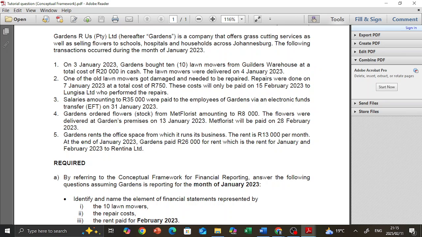So on the 3rd of January, when the cash was paid, for that day, Gilder's Warehouse had a liability to Gardens, an obligation to provide the lawn mowers, because payment was made. This is just an example of how the elements are intertwining.